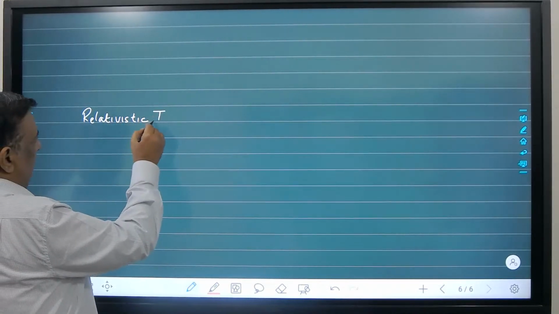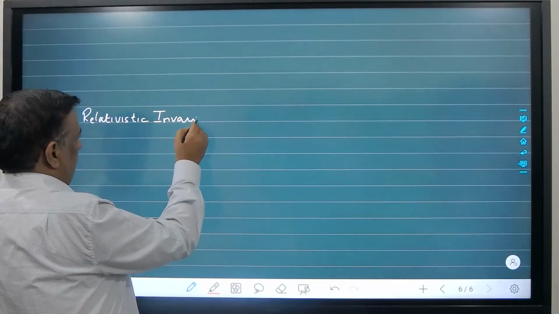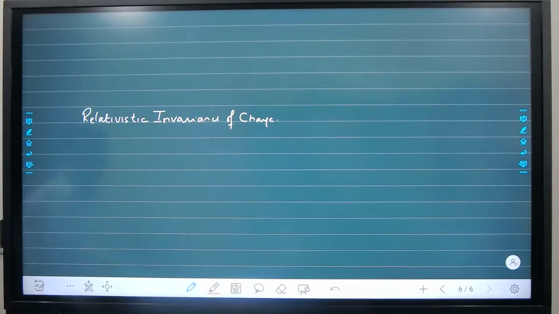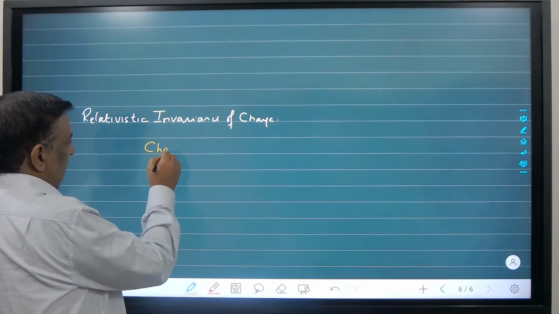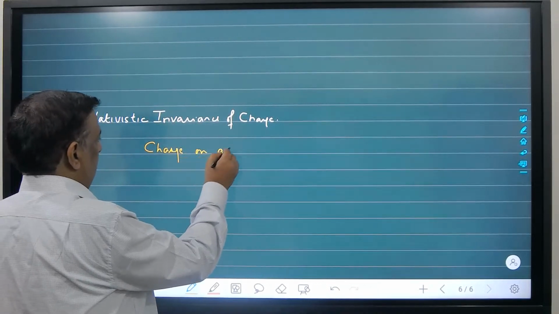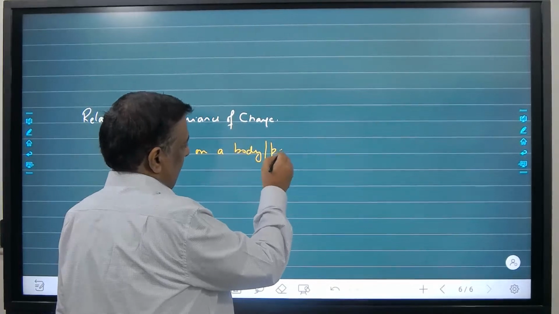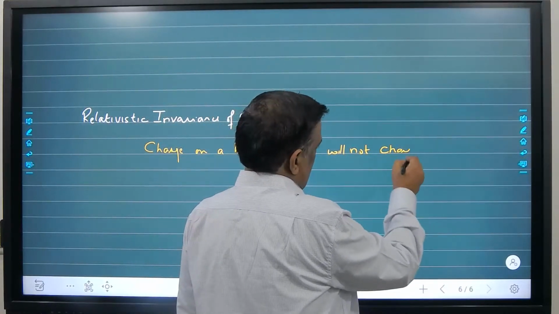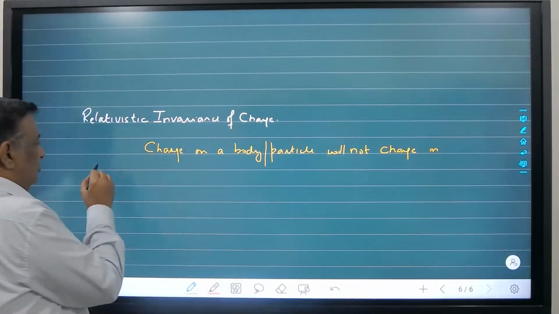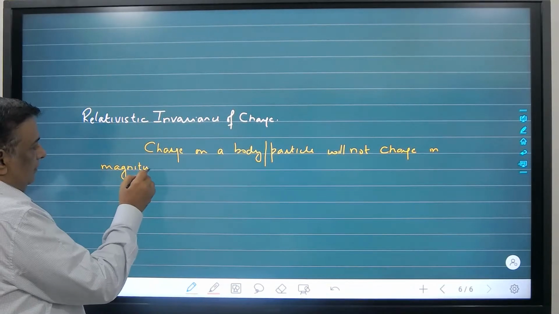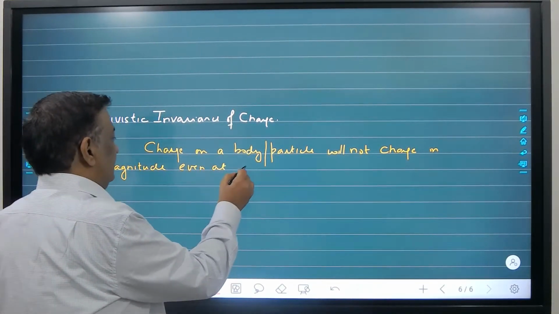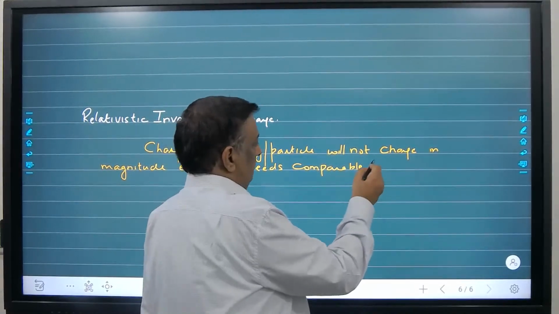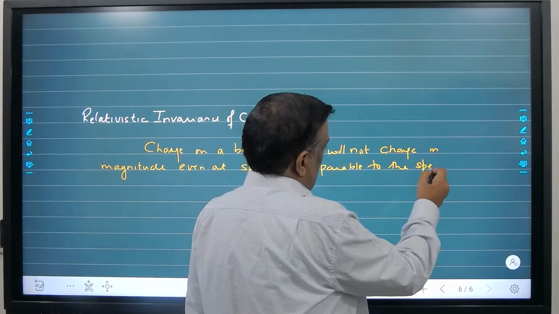Relativistic invariance of charge: charge on a body or particle will not change in magnitude, even at speeds comparable to the speed of light.